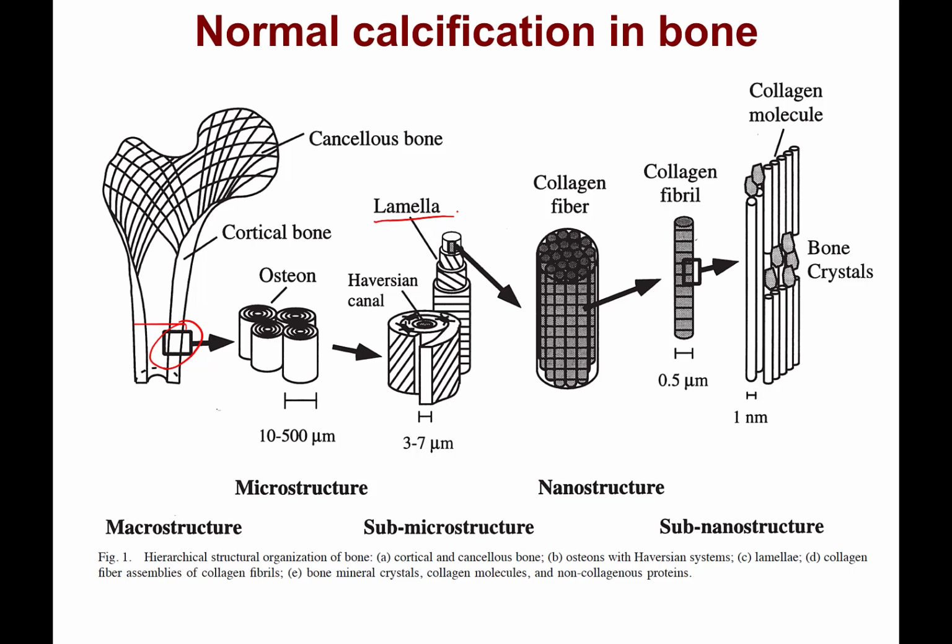And then within each lamella, those collagen fibers are bundles of collagen fibrils, but the collagen fibrils themselves are mineralized. So we have these bone crystals here, and these are made of hydroxyapatite.